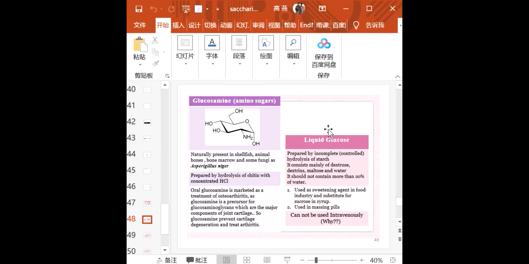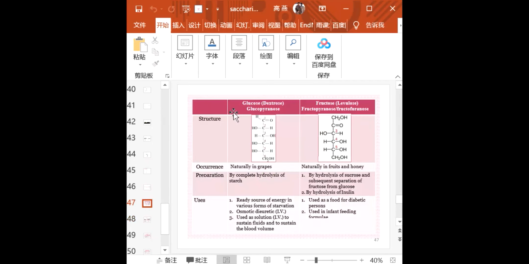And the fourth one is the liquid glucose. It's prepared by incomplete hydrolysis of starch. So let's go back and look at glucose as a pure monosaccharide. It's prepared by complete hydrolysis of starch.